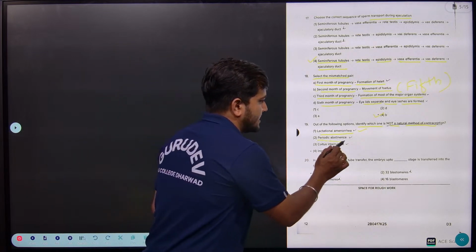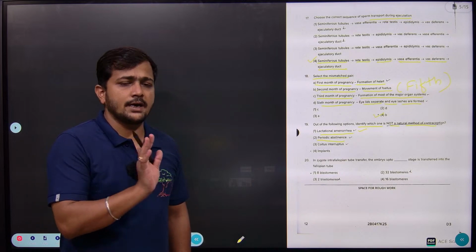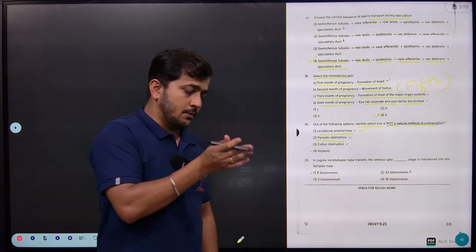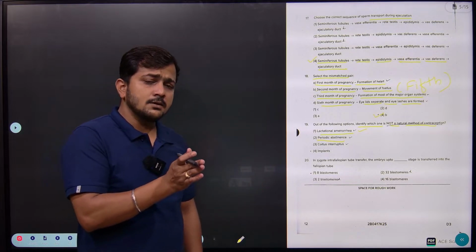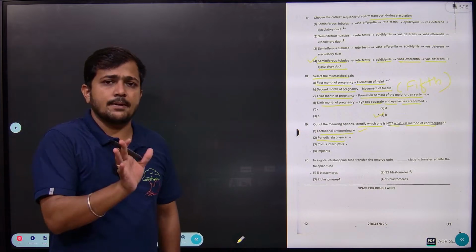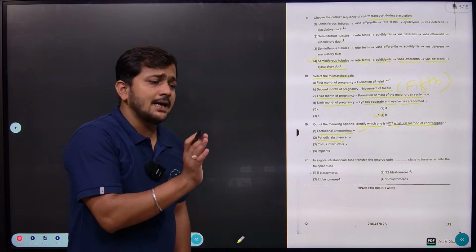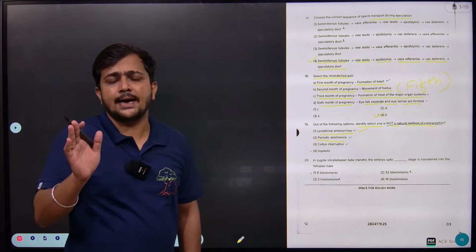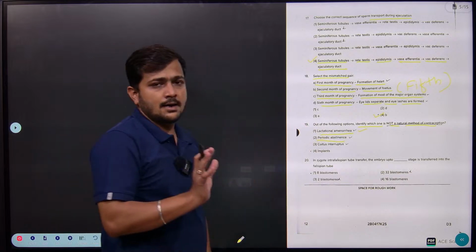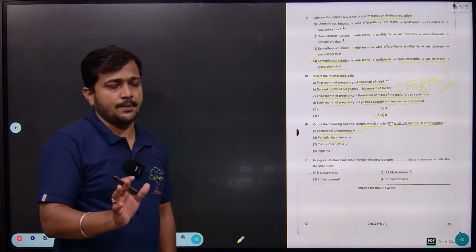Then periodic abstinence. By looking at the menstrual cycle, we know that on the 14th day of the menstrual cycle we get ovulation. So before the 10th day and after the 18th day of the menstrual cycle, that is what we call periodic abstinence. Majorly, if you do not perform coitus between the 10th and the 18th day, by knowing and understanding the cyclic changes in the woman, that is what we call periodic abstinence, right?